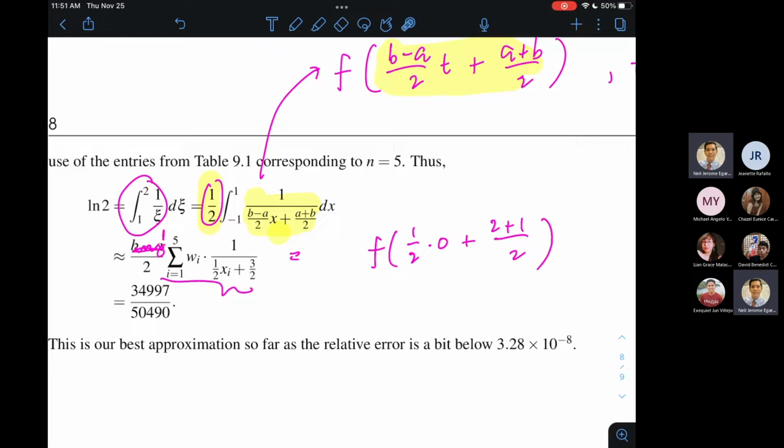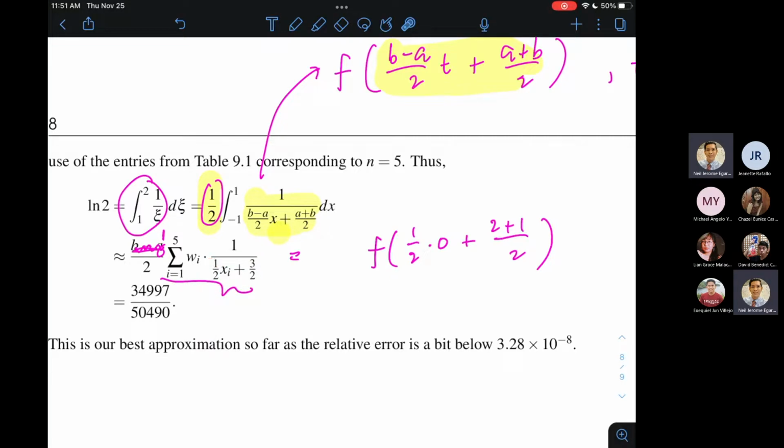Pero yun pala yung dahilan kung bakit nag-change of variable na ako dito, para alam ko na ito yung function kung saan ko isa-substitute yung mga abscissas na compute natin mula dun sa table 9.1. So ito na yung f of b minus a over 2 x plus a plus b over 2. All right? So binago ko na yung denominator.